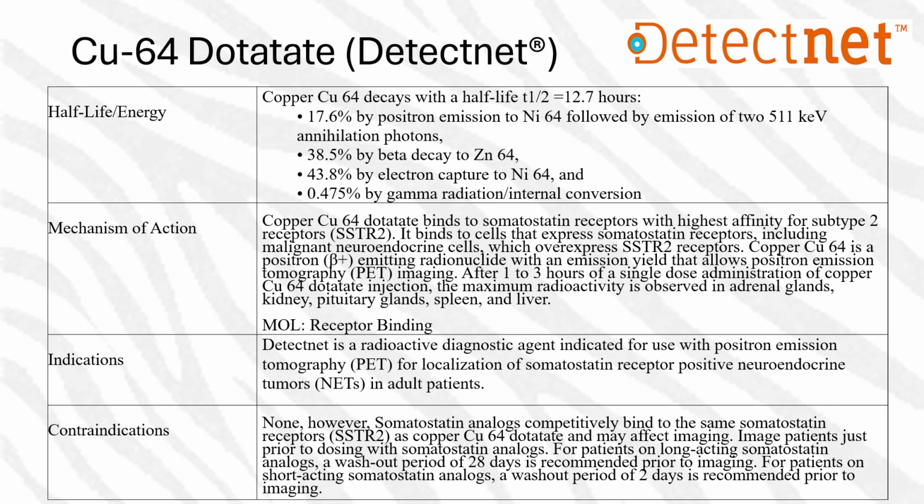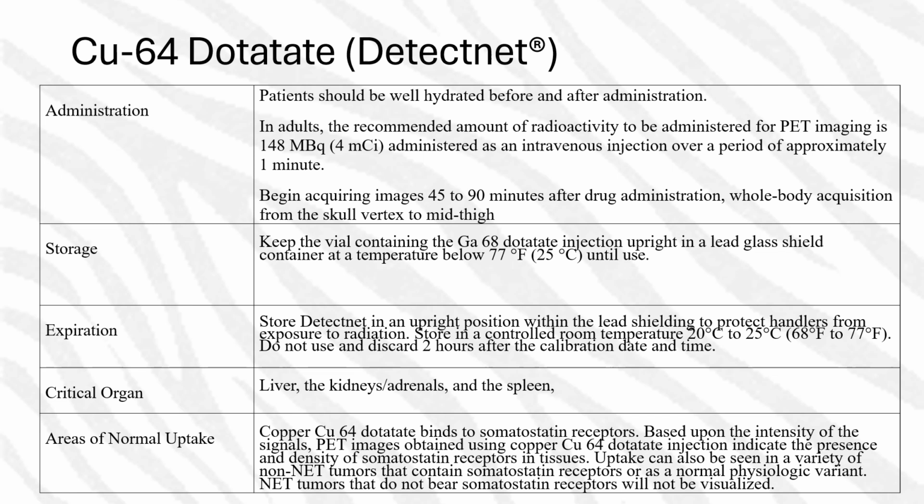It binds to the somatostatin receptors with highest affinity for subtype 2 somatostatin receptors. It binds to cells that overexpress somatostatin receptors, including malignant neuroendocrine cells, and somatostatin analogs do competitively bind to the same somatostatin receptors as copper-64 dotatate and may affect imaging, and therefore patients should be withholding their somatostatin analog drugs until after imaging.